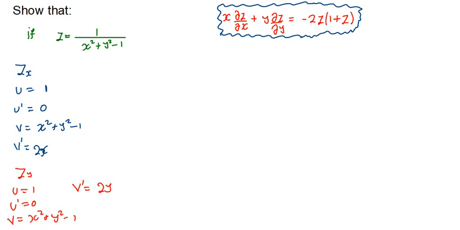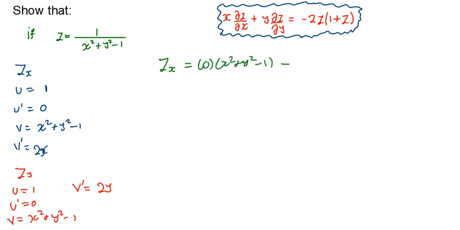Let me try to continue from that, then we'll continue the other one later. So let's say we find the partial derivative with respect to x. By using the quotient rule, the partial derivative of z with respect to x is going to be equal to, we know how to do the quotient rule, I'm going to multiply u prime by v. That would be 0 multiplied by x squared plus y squared minus 1.